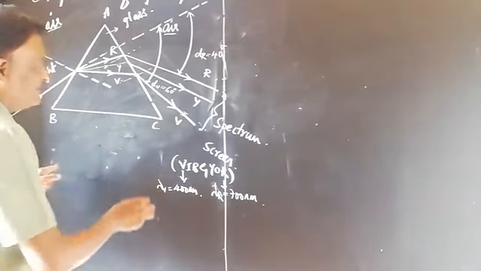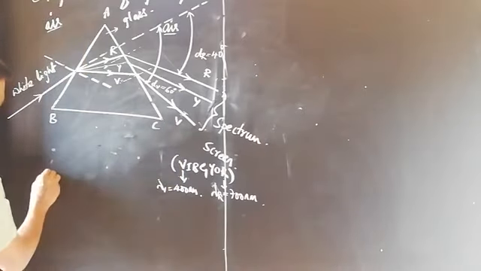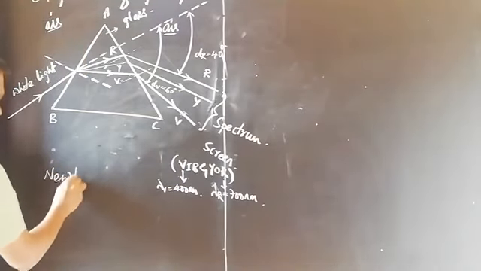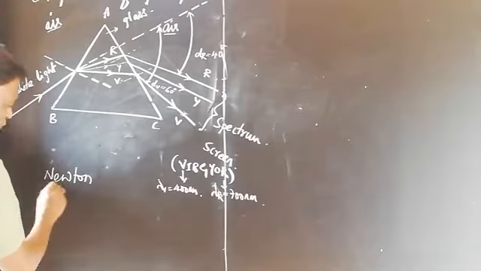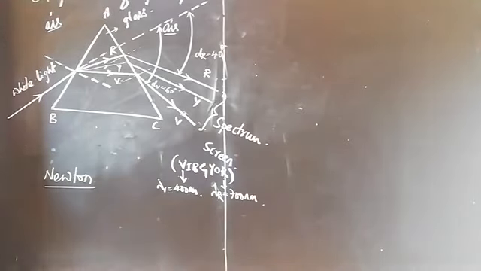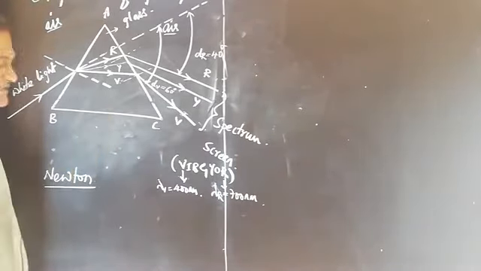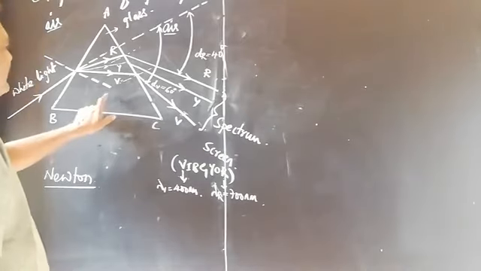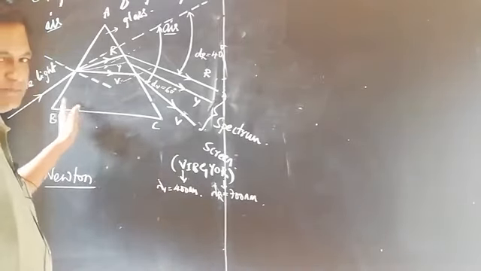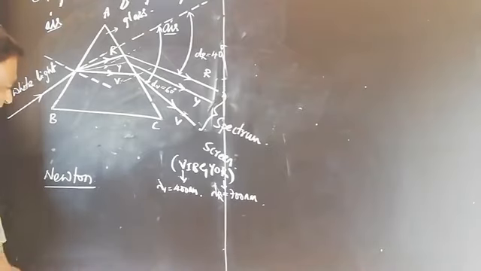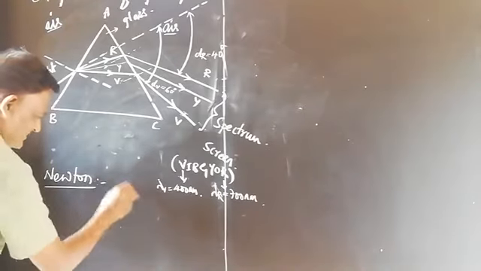So it was Newton who experimentally showed that white light comprises 7 colors, and the prism has the ability to break up this white light into 7 constituent colors.